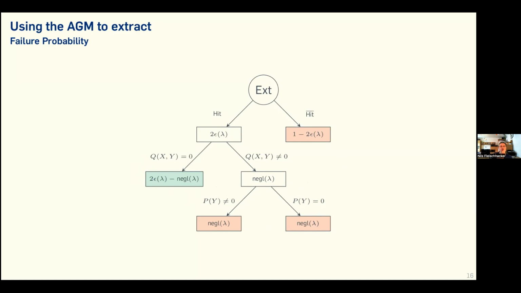Since 2 epsilon is a non-negligible function, that means the extractor is actually successful, and therefore our scheme is an extractable witness encryption scheme, an extractable witness KEM in the combined AGM and ROM. And as I said, you can then do hybrid encryption to get a full witness encryption scheme from it.